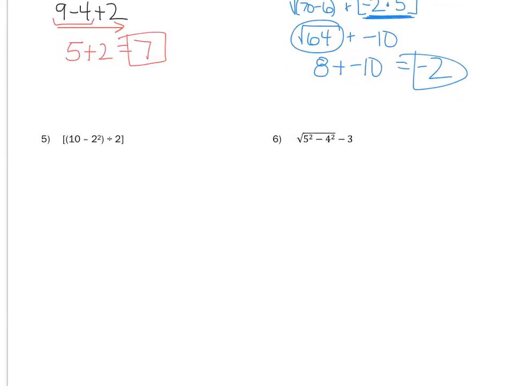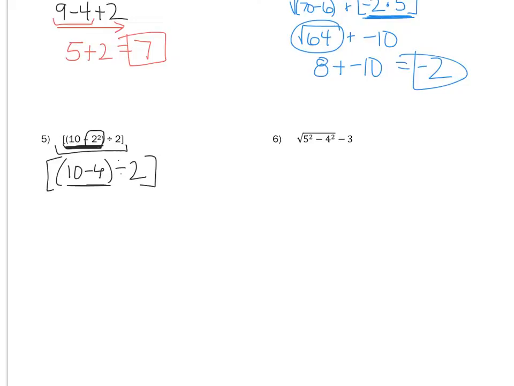Okay, to keep going on with this, I'm just going to do that same process here where we have like 2 sets of parentheses. So I'm going to work inside and then out. And then again, when you work on the inside parentheses, you still do order of operations again. So I'm actually going to do that 2 squared first. We get 10 minus 4. Put those in parentheses, divided by 2.